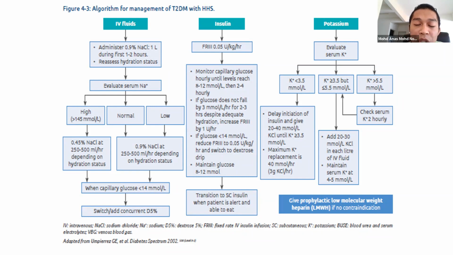So katakanlah dia punya total body volume sekarang ni, usually 80 ml per kilo kan, katakanlah tinggal macam 4 liter saja. So you add on 1 liter of isotonic fluid yang ada a bit of potassium and then a bit of lactate tu, that one tu semua will be diluted to near negligible level lah. So don't be afraid to use isotonic fluids because dia punya benefits pun ada juga.